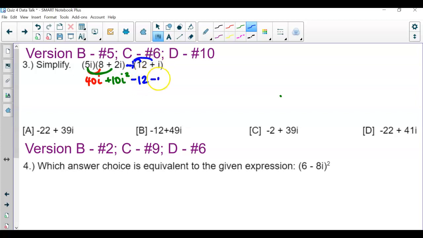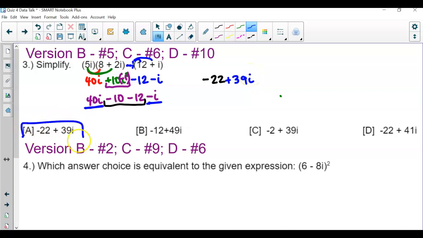Positive i is now -i. Now, before we continue, notice how you do have i squared here. And remember, i squared is always -1. So I have 40i, but now no longer positive 10, but now -10 from that i squared there. Then -12 minus i. Now we can combine our like terms. -10 minus 12, -22. Then here you have 40i, but minus another i, you now have 39i. So that's why here the answer was A.